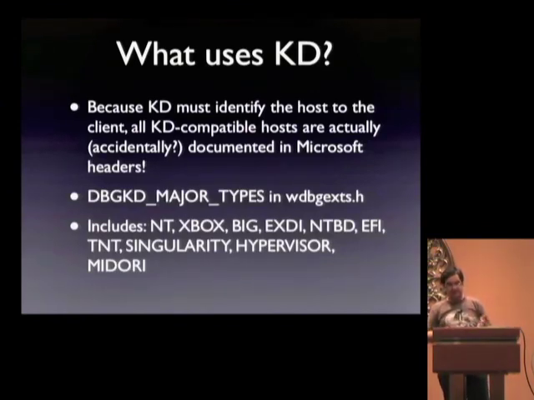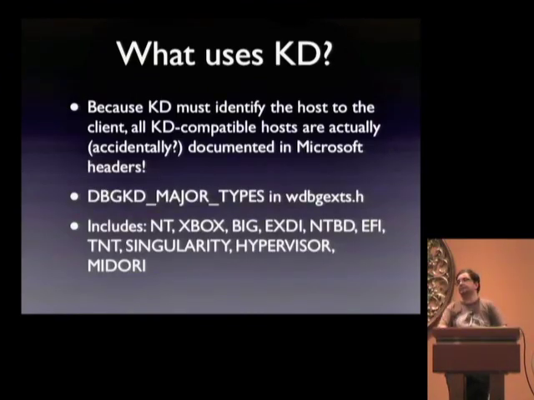NTBD is the bootloader, so you can actually use WinDbg to debug the bootloader in Windows as well. EFI: I think Intel and Microsoft created EFI together, so there's an EFI stub, and if you work on EFI, you can connect to and debug the BIOS. TNT, I think, stands for TinyNT. It's what Windows CE uses. So Windows mobile phones, anything that uses Windows CE, you can use WinDbg over it as well.